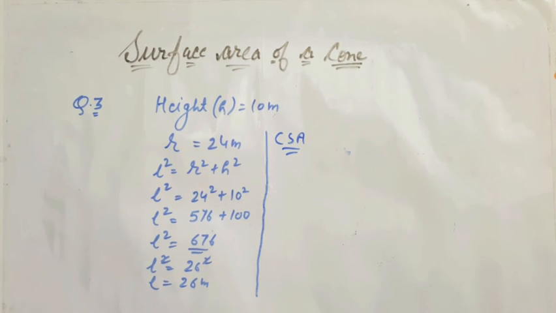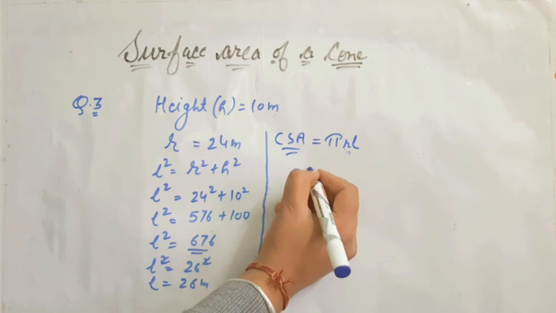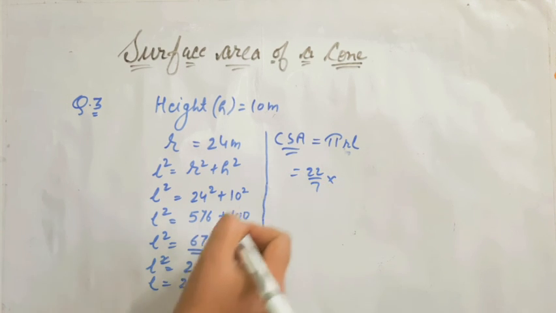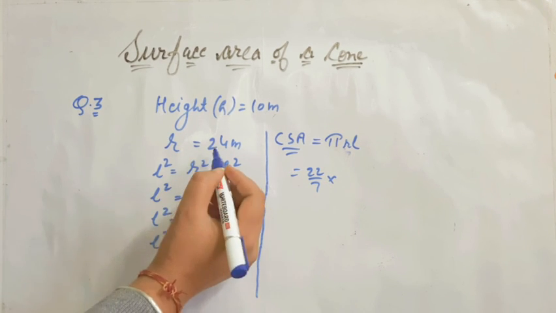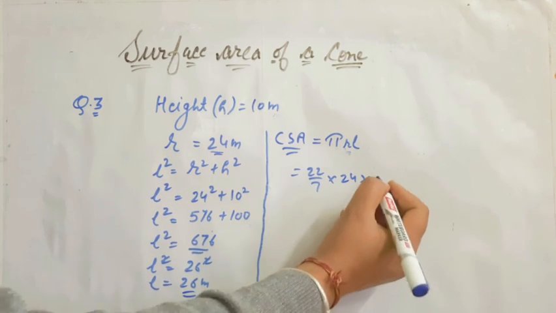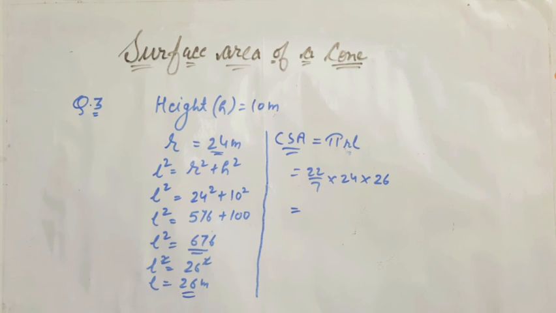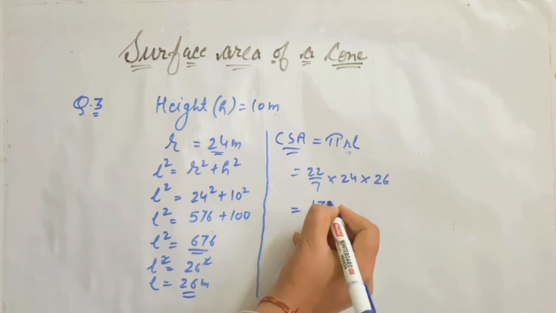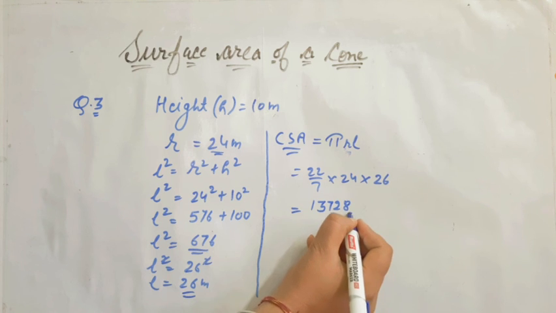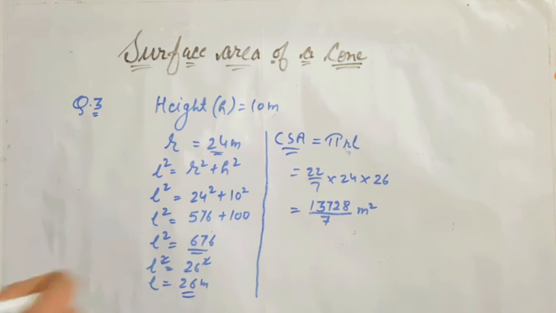CSA is pi r L, that is 22 upon 7 into radius 24 meter, multiplied by 26, and this will be equal to 13728 upon 7 meter square.